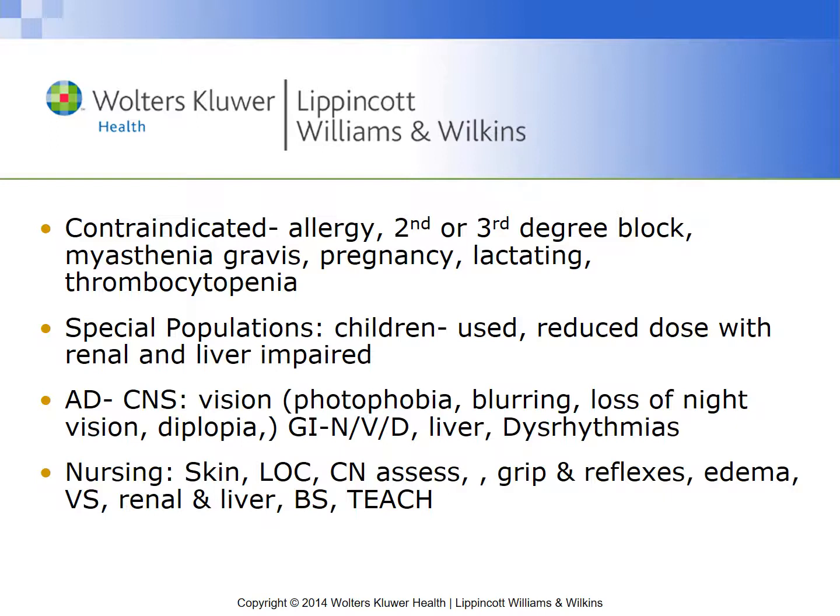We want to assess the grips and reflexes, you know, that kind of thing, especially if we're thinking myasthenia gravis. And watch for edema and monitor vital signs, renal and liver function, breath sounds, and teaching for the patient.